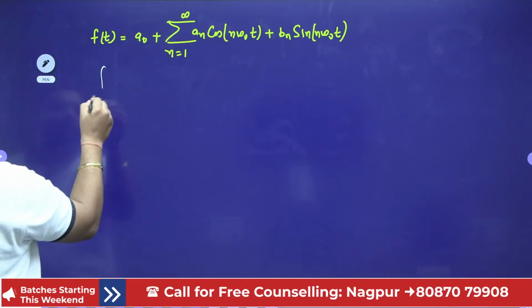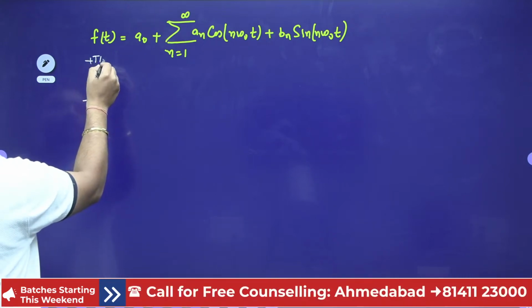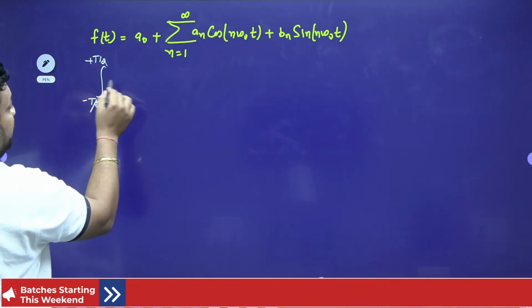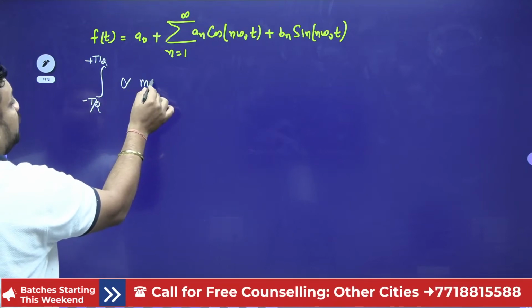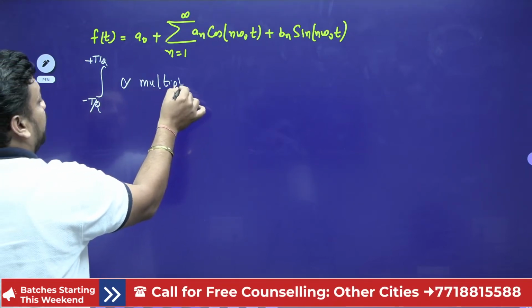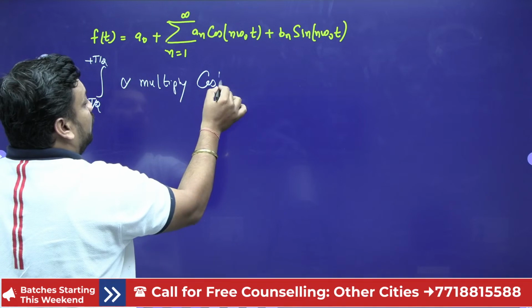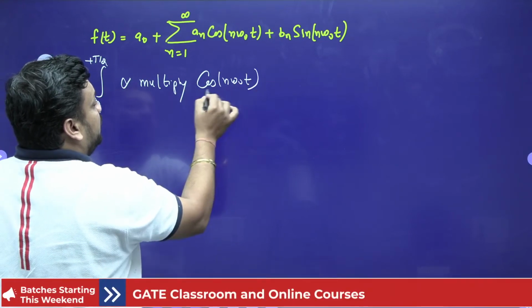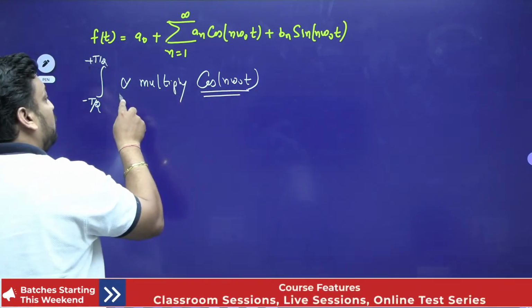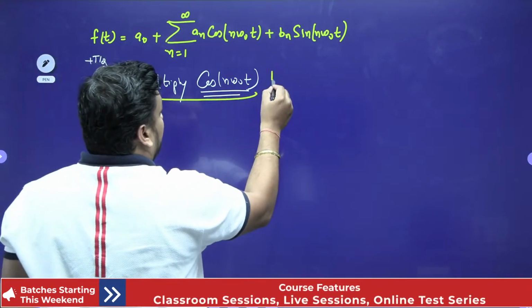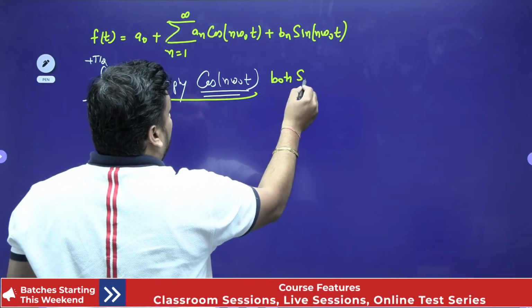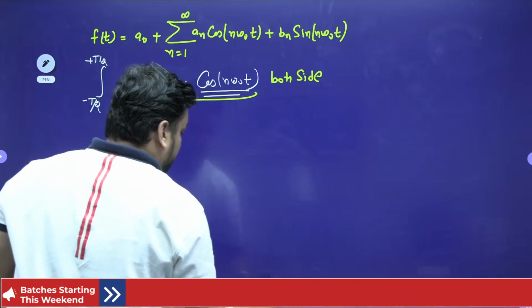This time also I am integrating from minus T by 2 to plus T by 2, but I am also multiplying both sides by cos(n omega 0 t), and after that performing the integration.